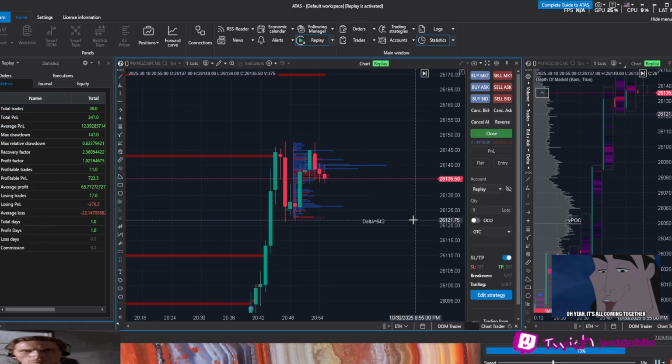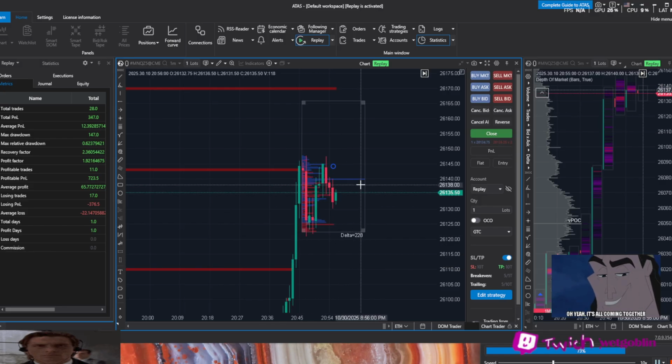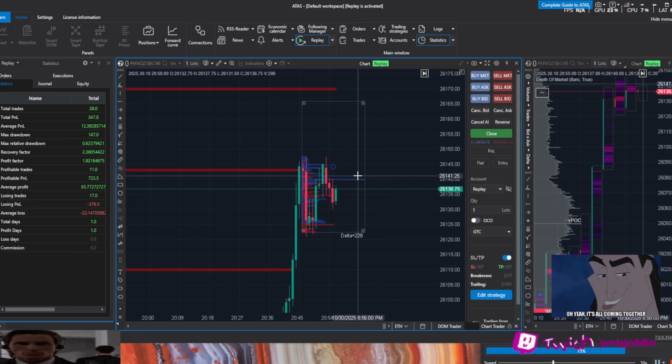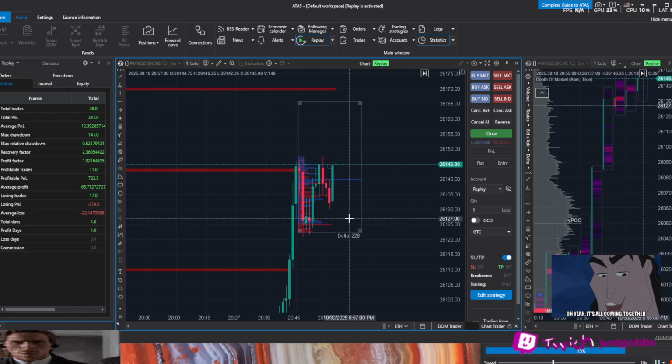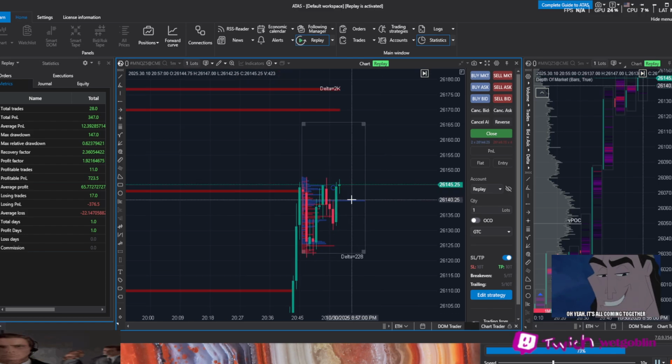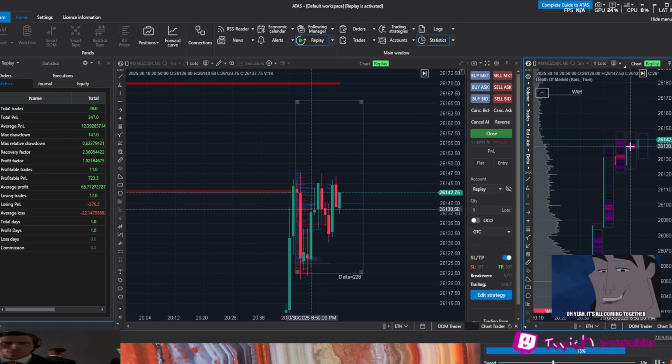Okay, not seeing really absorption come in or big volume come in or even huge bid or ask on the profile. So I'm just waiting.